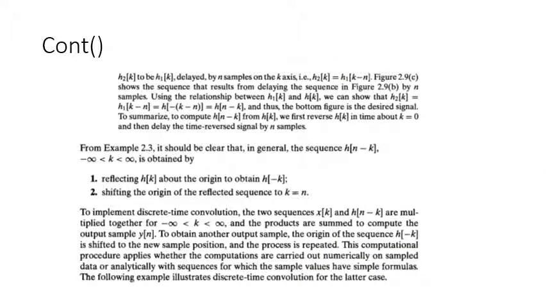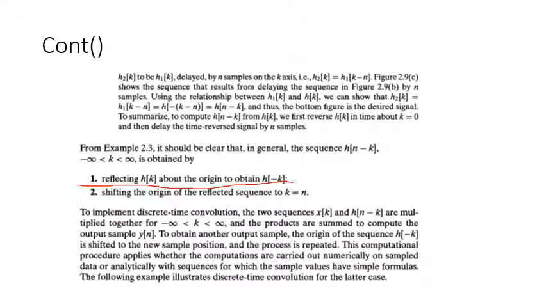In this slide you are told about the procedure of computing the convolution. As I've already told you, there are steps. Number one, first obtain the input signal. Number two, change its axis to k. Number three, have the impulse response signal, change its axis to k, and then flip it, reflecting h of k about the origin to get h of minus k.